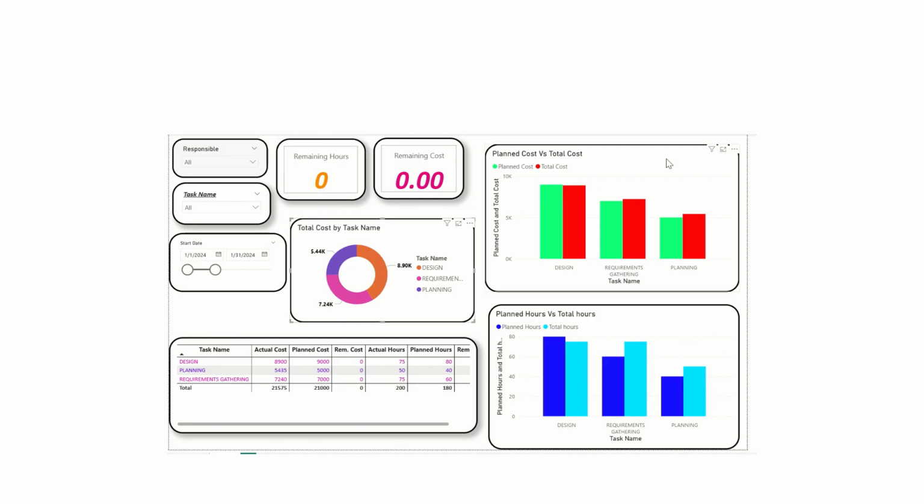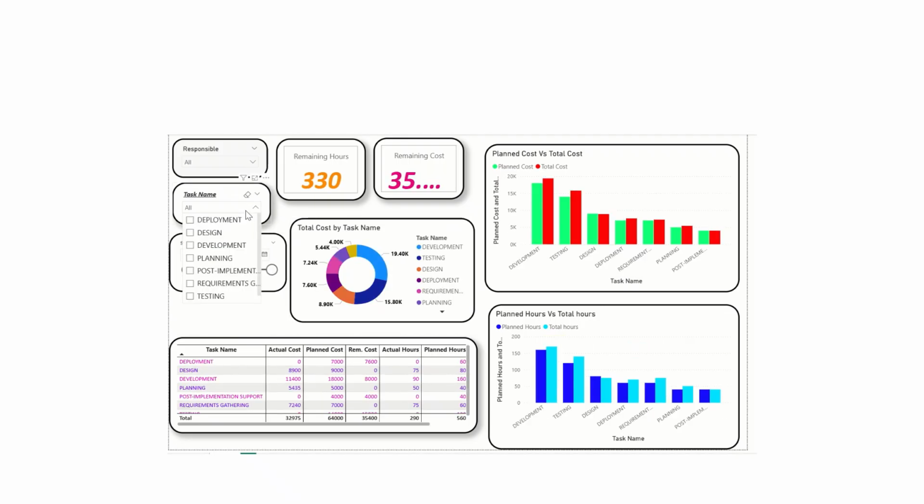We also have what is called a cluster column chart, where you will be able to see the plan cost of each task regarding the total cost, and you can compare with the total cost. If we want to see planning, just give me a second, I still have some filter here.